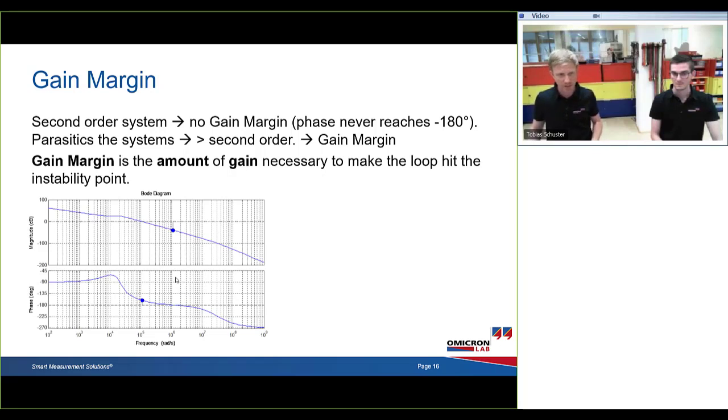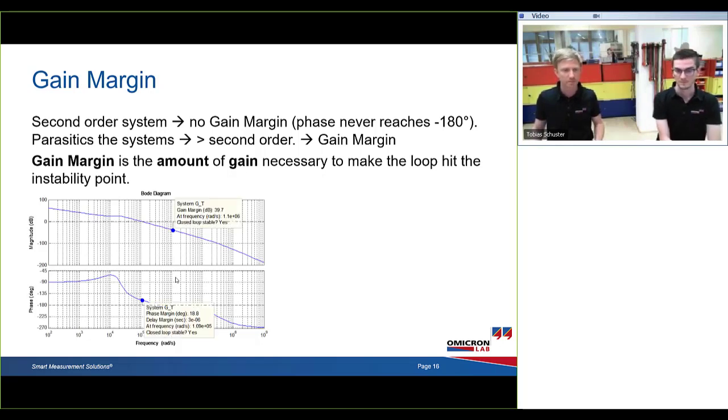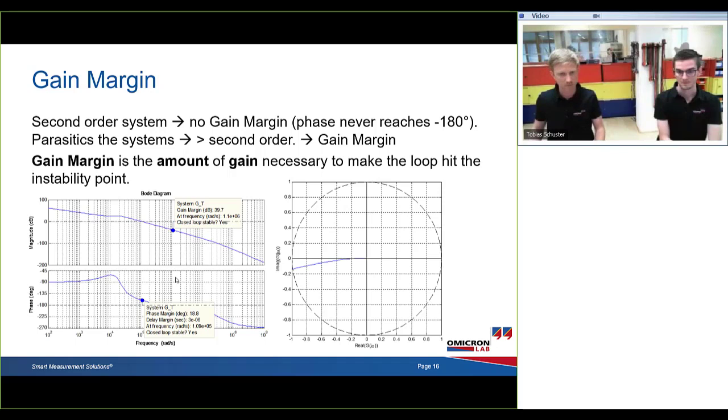So if we look at the gain margin, in that case, that's around 20 dB or something like that. And then if we would increase the gain curve by these 20 dBs, or no, it's 40 dBs even, then the phase would hit the minus 180 and the system would go unstable. You can also look at that in a Nyquist plot.